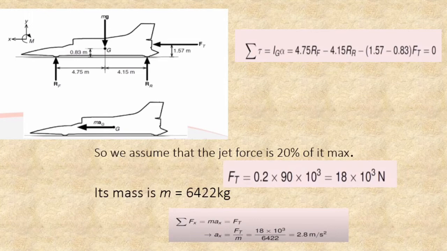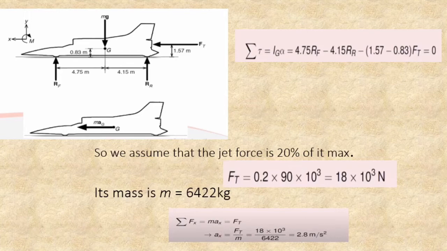If we rotate this force around the center of gravity, it will be in an anti-clockwise motion, and that is why it's negative 4.15 times the reaction force at the rear wheels. The same goes for the thrust force. It is rotating in an anti-clockwise manner around the center of gravity, and that is why it's got a negative sign here as well.